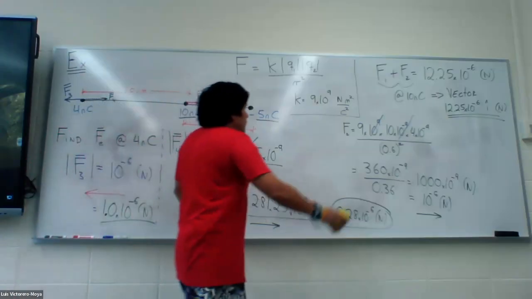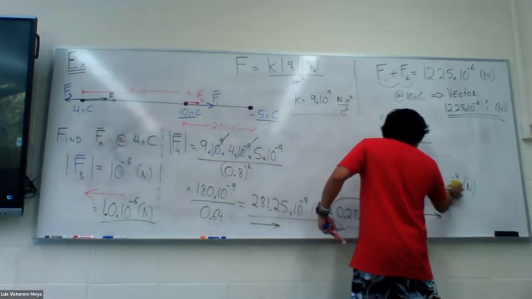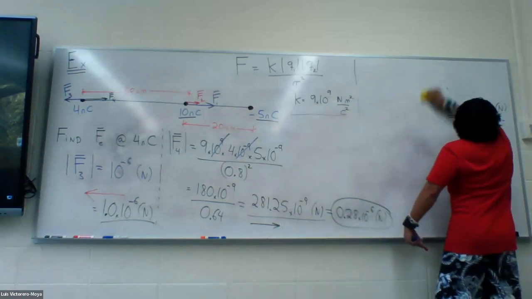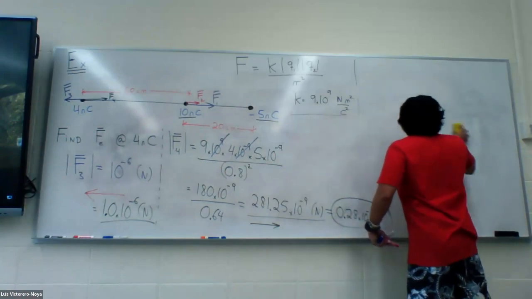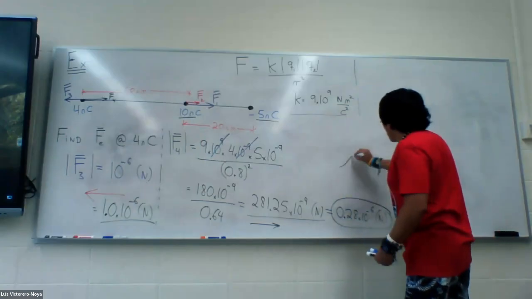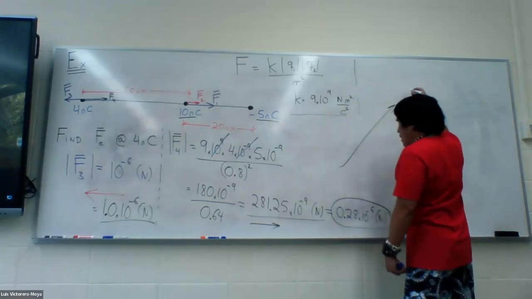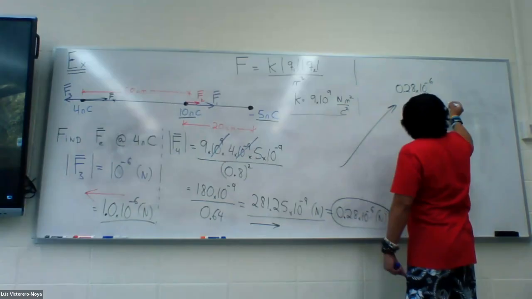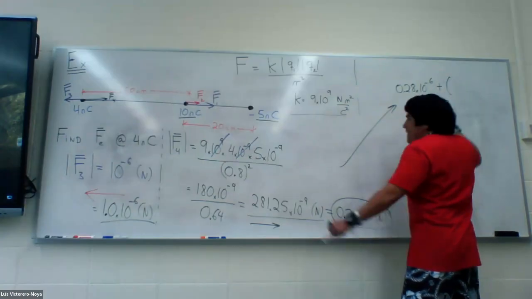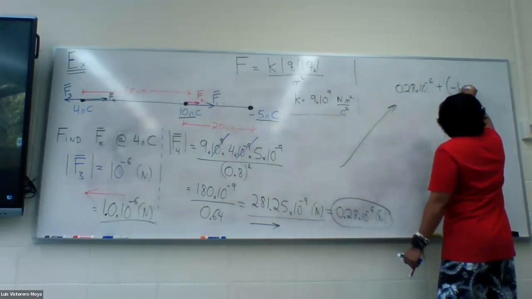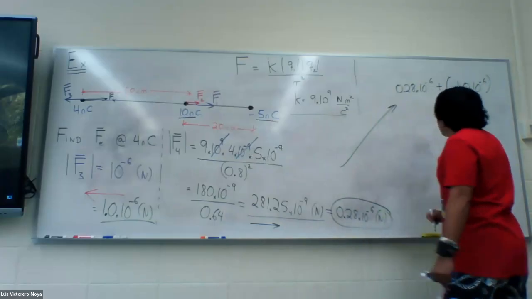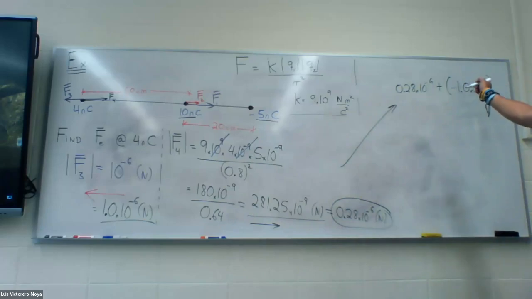So what you write here is that's positive plus the negative of that. That will be your addition of those vectors.